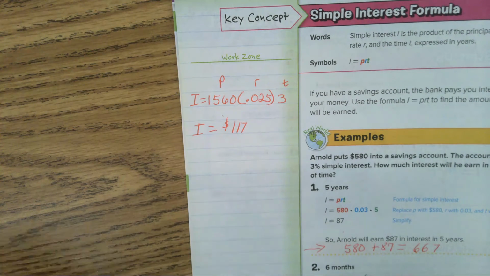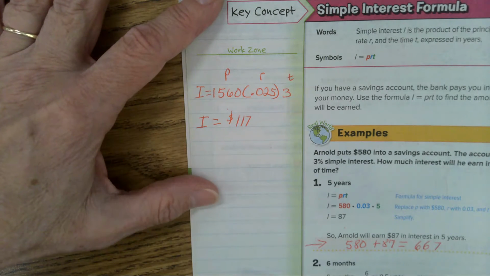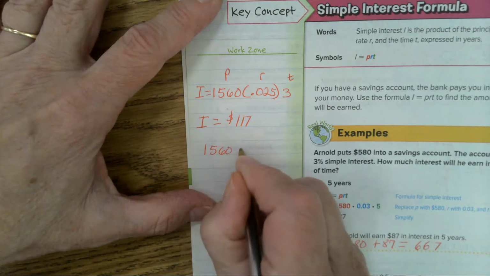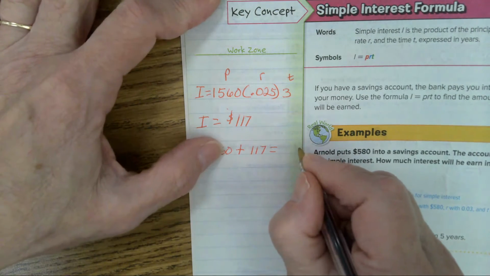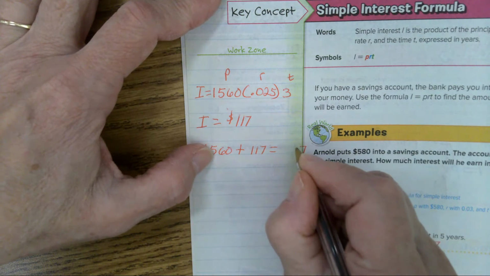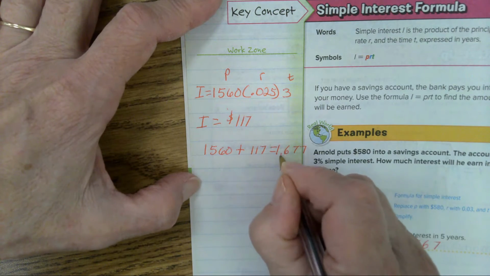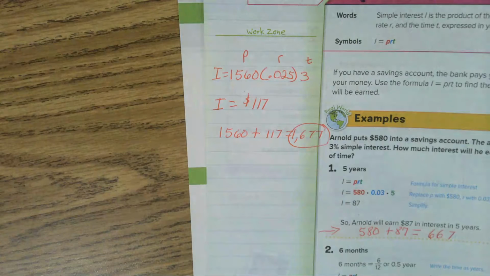So let's figure out what's the total amount she has in her account. How much did she put in there? 1,560 plus my interest means she now has in her account $1,677 in her account after 3 years.